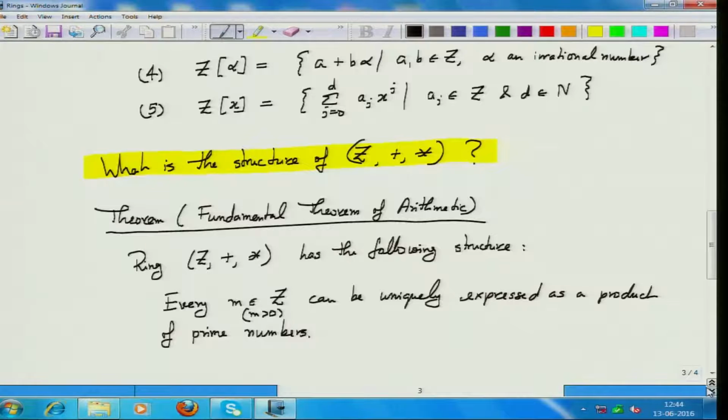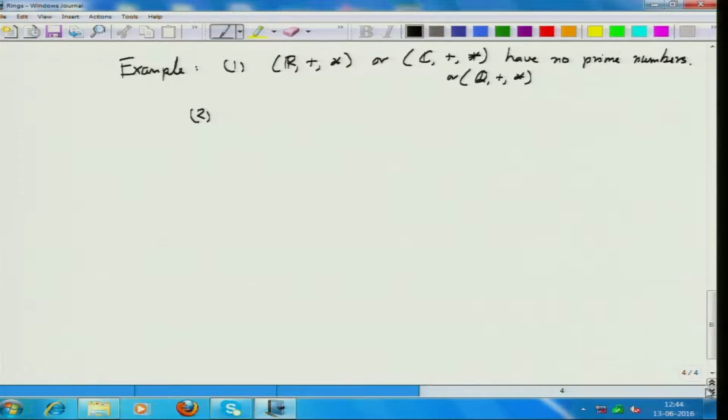In both these rings, division is not fully available. Okay? So let's consider Z with root 2 to begin with. What is the structure of numbers in here? Does the fundamental theorem of arithmetic hold?